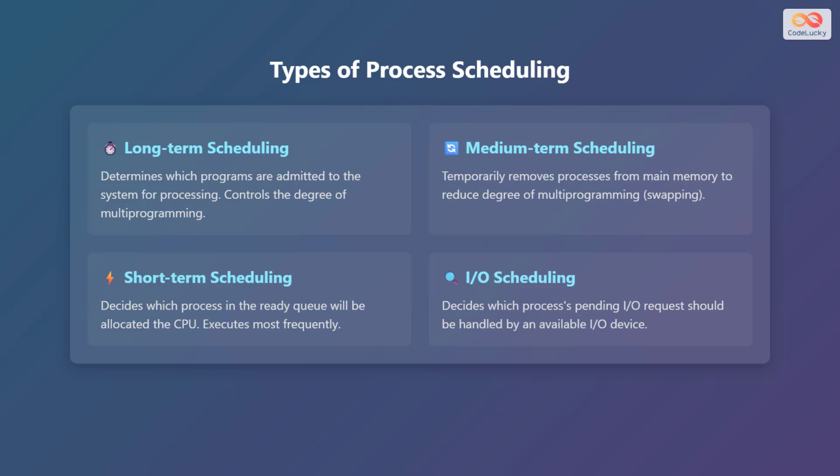This is also known as swapping. Then there is short-term scheduling, which decides which process in the ready queue will be allocated the CPU. Short-term scheduling executes most frequently. Finally, there is input-output scheduling, which decides which processes pending input-output request should be handled by an available input-output device.